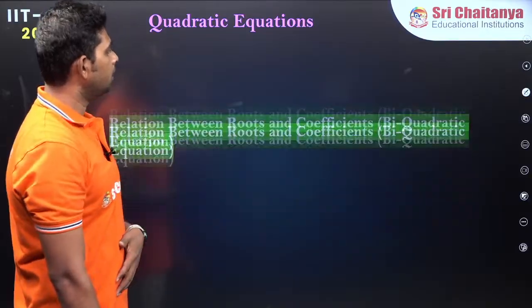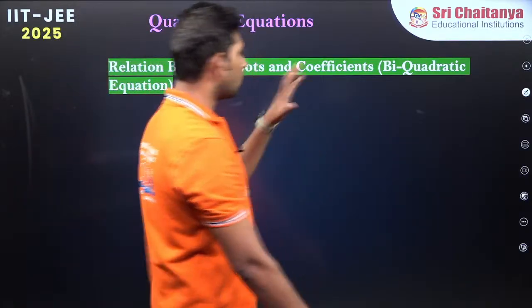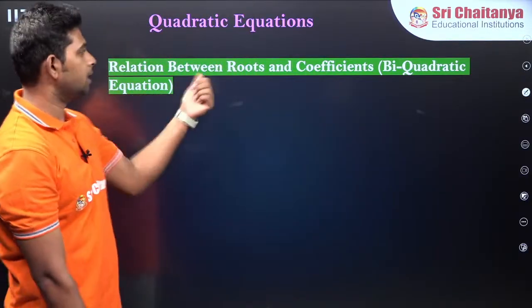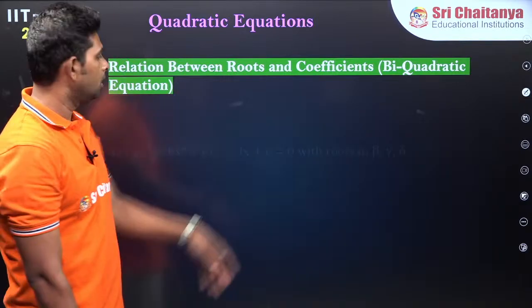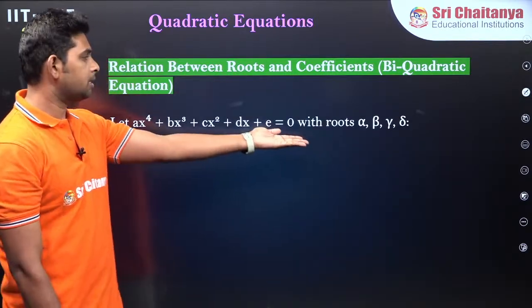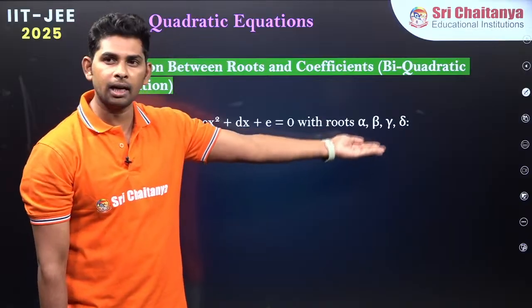Right. Now next we have simple concepts: for a biquadratic equation also we can take the relations between the coefficients the same way. Let this equation have the roots alpha, beta, gamma, delta.